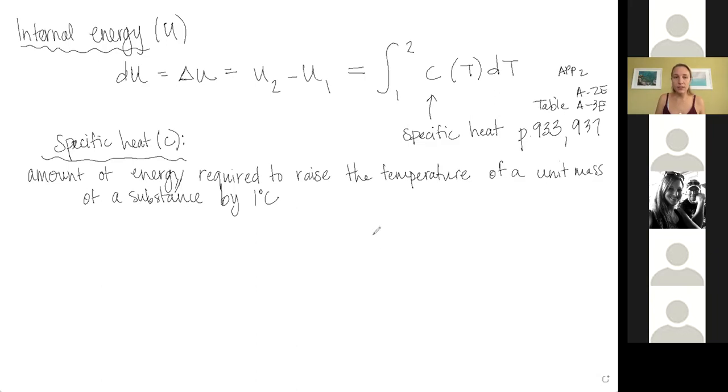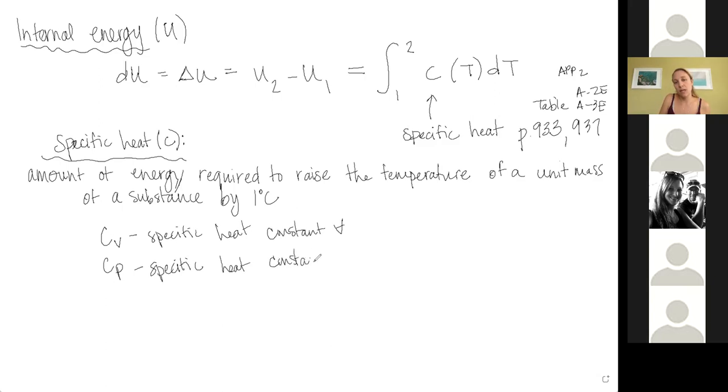Okay, so this is our term for specific heat. One thing to note, it's not going to be very important in this class, but we have specific heat with the subscript V and specific heat with the subscript P. Specific heat with the subscript V is the specific heat at a constant volume, and this is specific heat at a constant pressure with C subscript P. These are only relevant to gases.